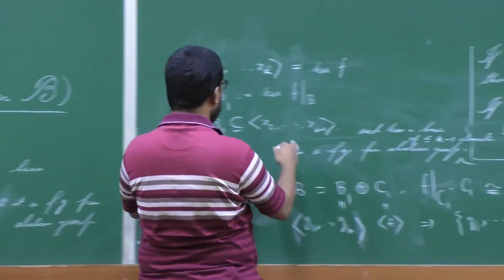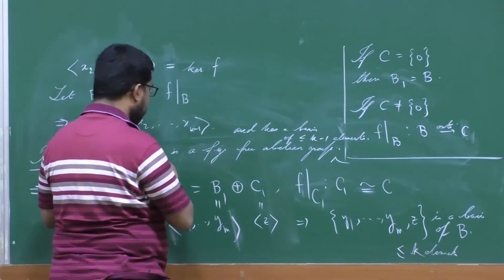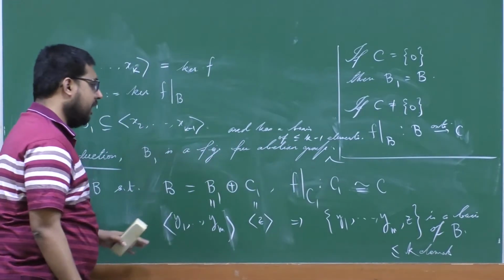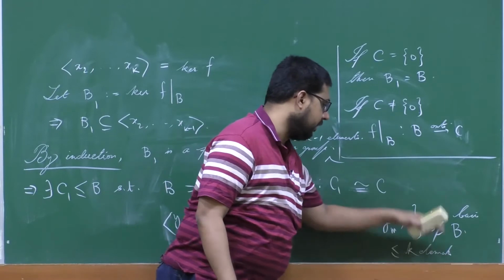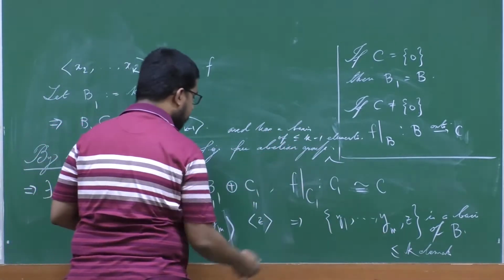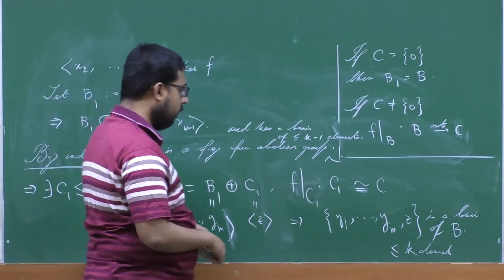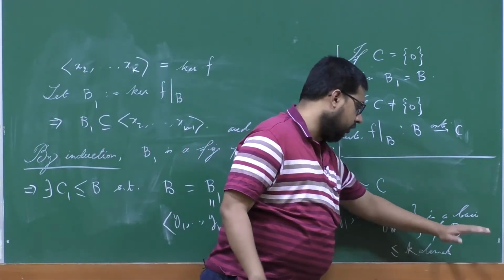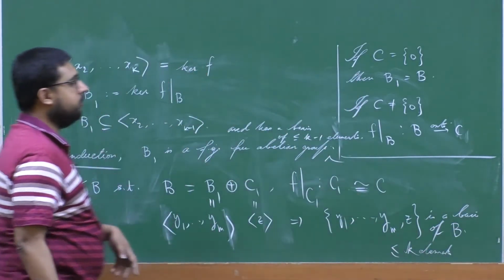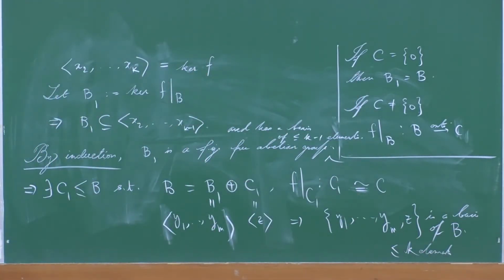Then according to induction, this also becomes a finitely generated free abelian group with this many elements, and the rest is taken care of. And once we have this, from this decomposition, not only do we get that B is a finitely generated free abelian group, the number of elements is also taken care of.